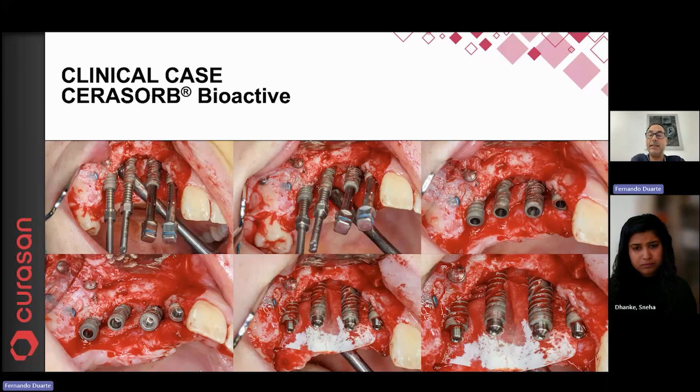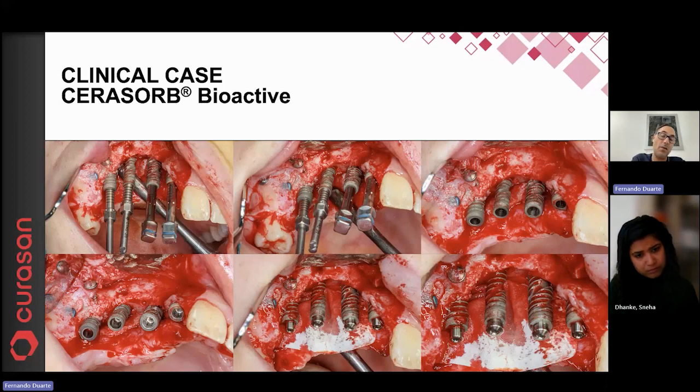The implants in the lateral incisor and second premolar were almost completely in bone from the first surgery.